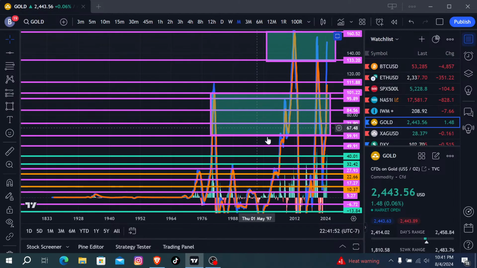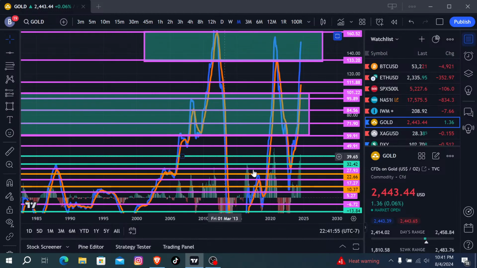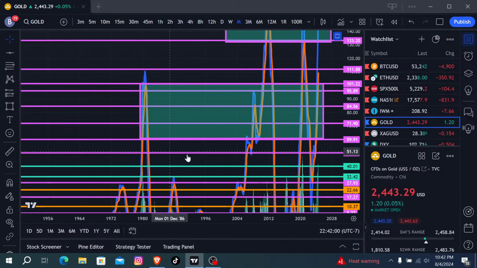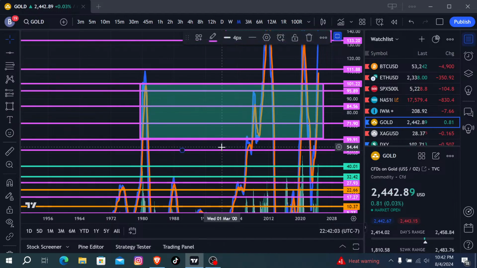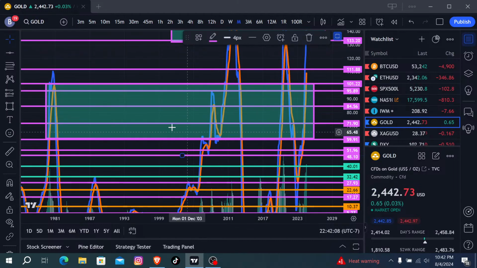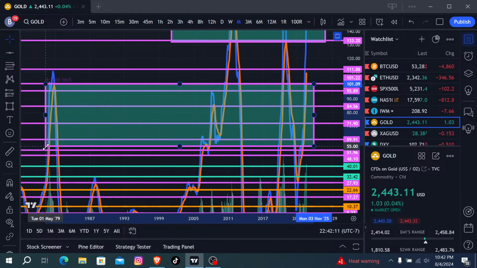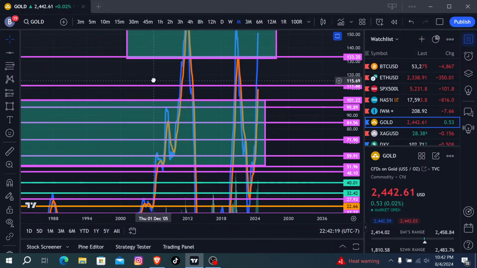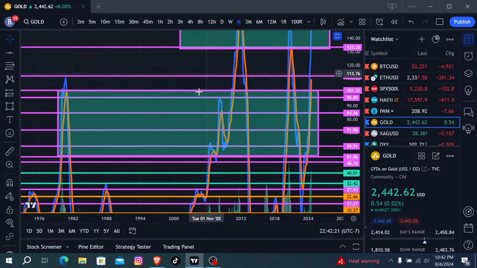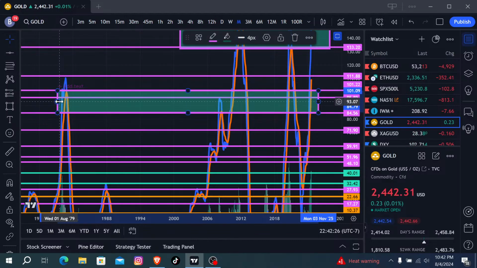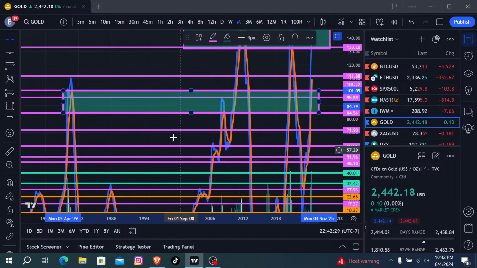Notice from right here to, actually I missed some right here. Alright, so anyways, I'll go from here to this area right here. And this will be a monthly. I actually want to go more from right here to here. It makes more sense. Yeah, that makes more sense.